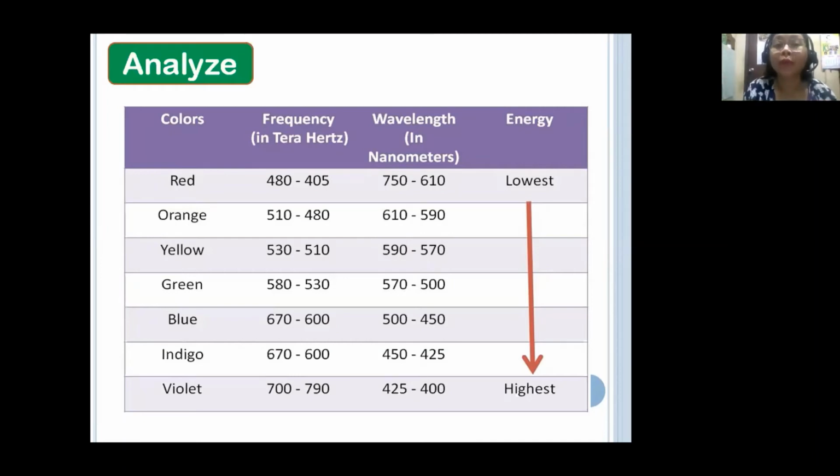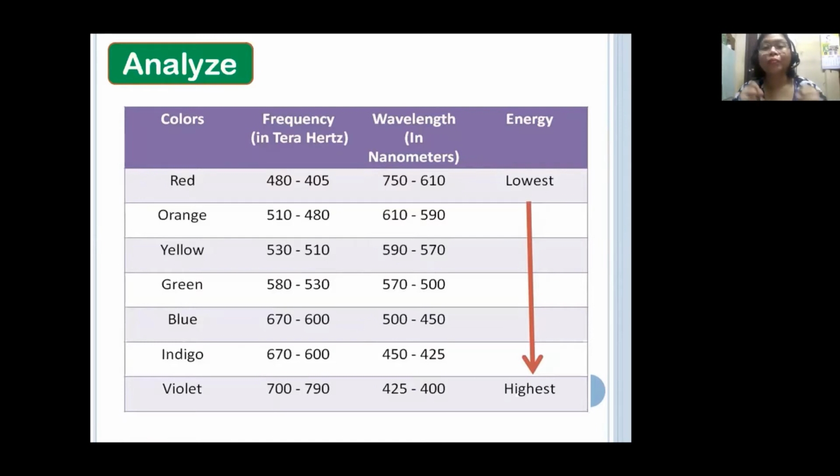So, mataas, widest yung wavelength or highest wavelength ng red. So, ano ibig sabihin nun? The lower the frequency, the higher the wavelength, or the higher the wavelength, the lower the frequency, and the lower the wavelength, the higher the frequency.